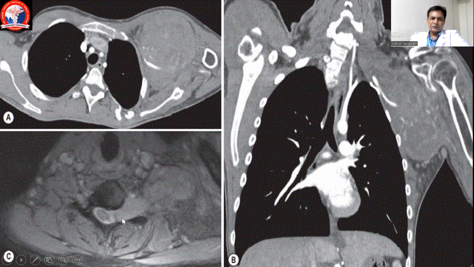So it means the region has an intraspinal connection or neural foramina content. So this indicates neurogenic tumor. Actually, this was a malignant nerve sheath tumor.